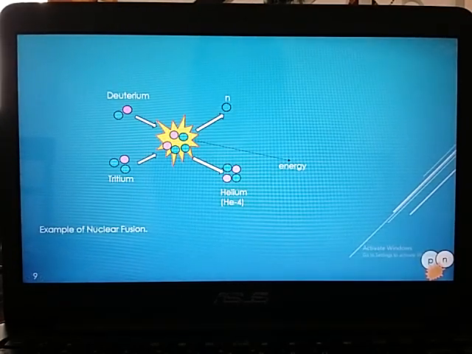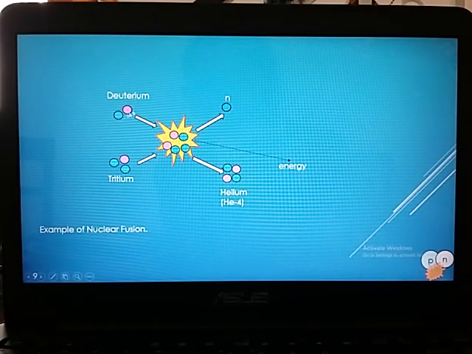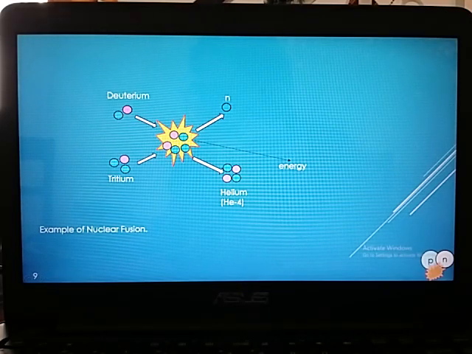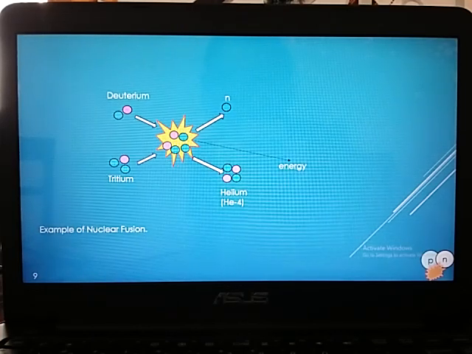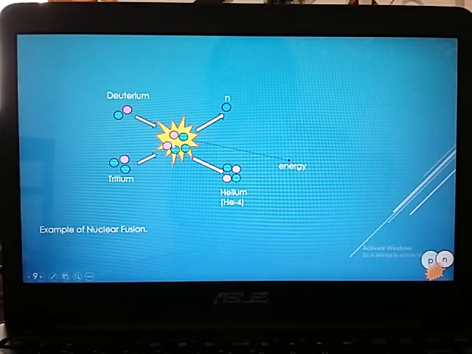Ito naman ang example of nuclear fusion. Sabi natin sa nuclear fusion, pag sinabing fusion, there is a combination. The first is a deuterium, an isotope of hydrogen. The second naman is a tritium, an isotope of hydrogen. Then, nag-combine sila. It produces an element which is helium with a release of neutron.